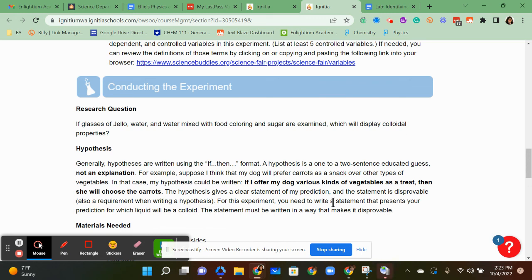If you have more than one sentence, then it's not a hypothesis. If you are using the word because, it is not a hypothesis because you're including an explanation. So keep that in mind when you're working with this lab. And as always, if you have any questions, please reach out to me.